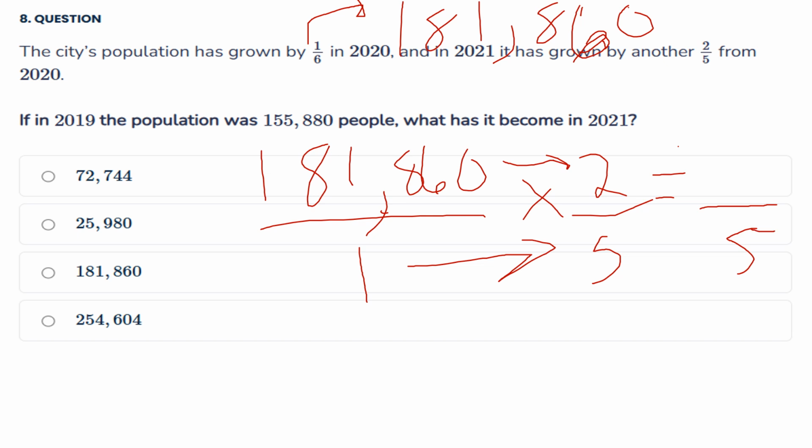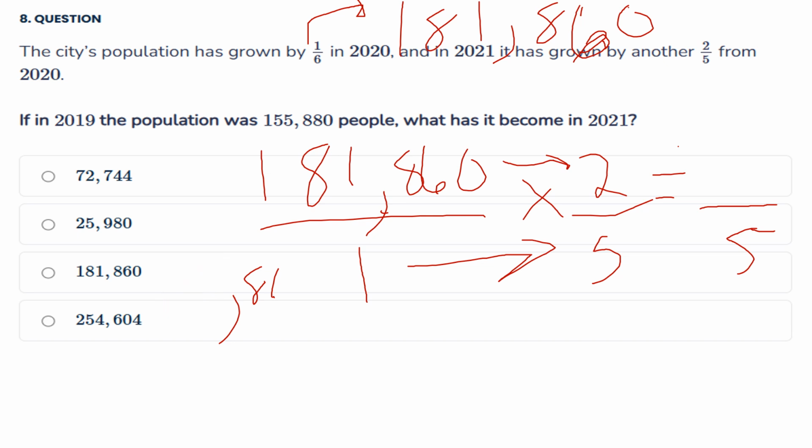Now we need to multiply 181,860 times 2. So where can I put that? Put it here. Should be able to do it here.